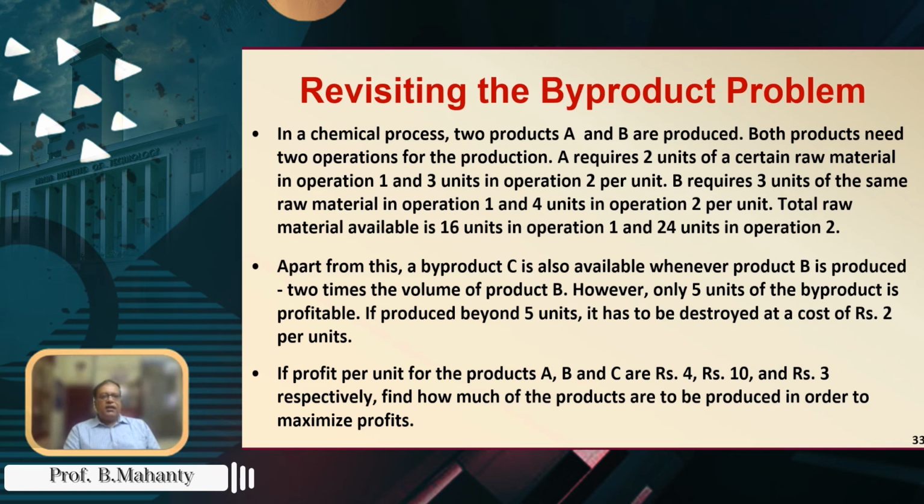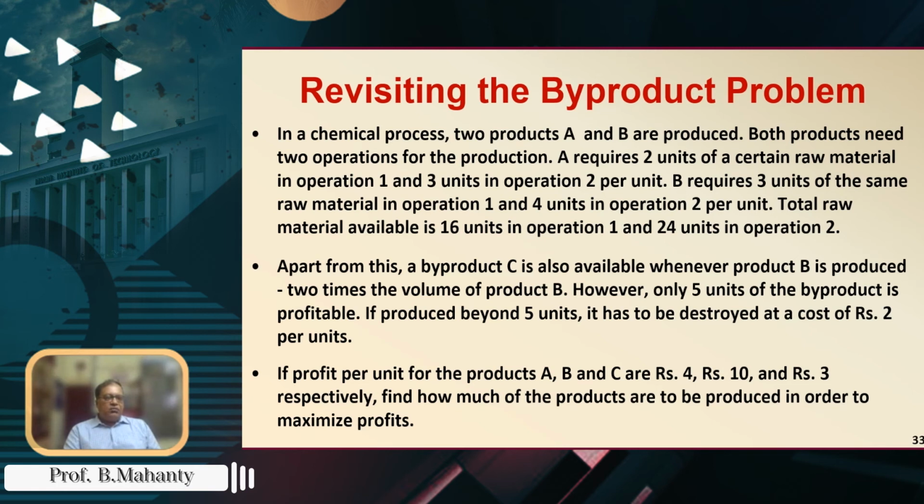B requires 3 and 4 units in operation 1 and 2, and the total raw material available is 16 and 24 in the two operations. Now, every time B is produced, a byproduct C is produced at 2 times the volume of B. But only 5 units of this byproduct are profitable. If produced beyond 5 units, it has to be destroyed at a cost of ₹2 per unit.